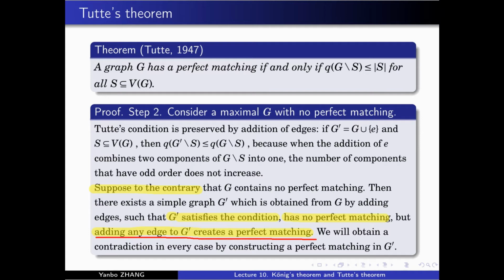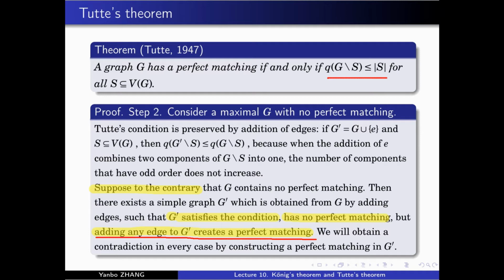Actually, the order of G is even. From the condition, we see that it holds for all subsets S. So if S is an empty set, then q(G - S) equals q(G) equals 0. That means the graph G itself has no odd components.